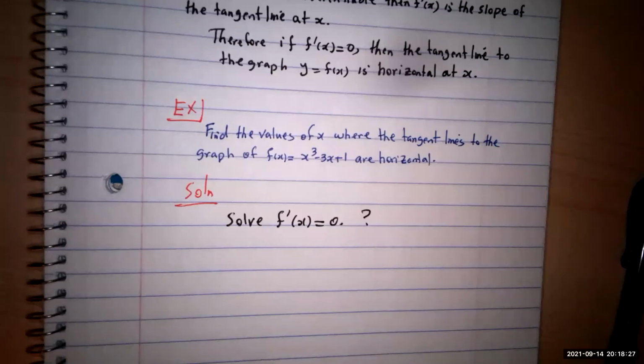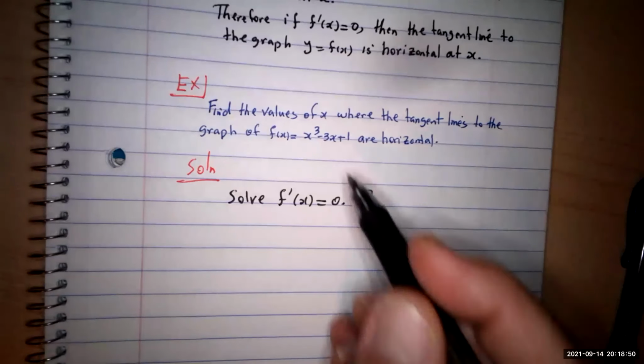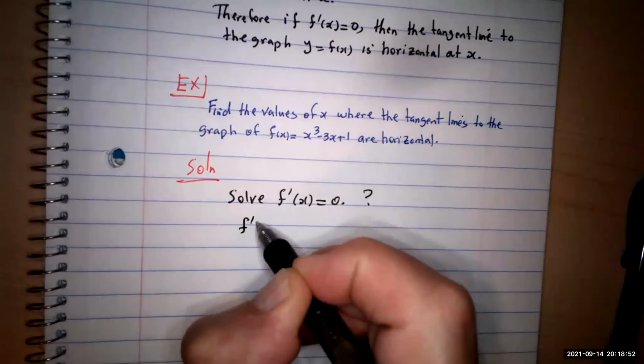But the slope of a tangent line is f prime. So you form f prime of x, you let it equal 0, and you use the factoring method, sometimes the quadratic formula, to find the x. If you find the x, that x creates a horizontal tangent line. If you cannot find it, this means there is no horizontal tangent line. So in this case, the problem is easy. You find the f prime of x, this is it.